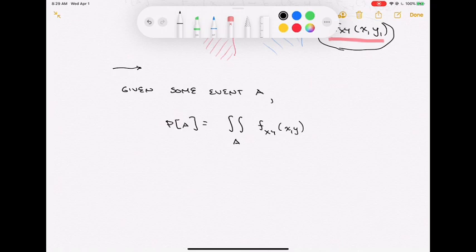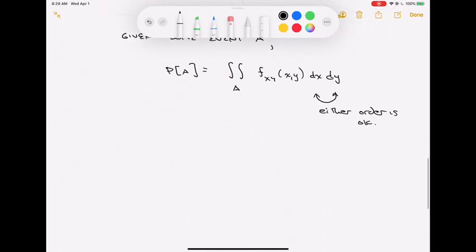You might use dummy variables of integration, and you could have a dx or a dy, dy or dx. So we can interchange that order of integration. Either order is okay. Sometimes a particular ordering just turns out to be a lot simpler than the other.